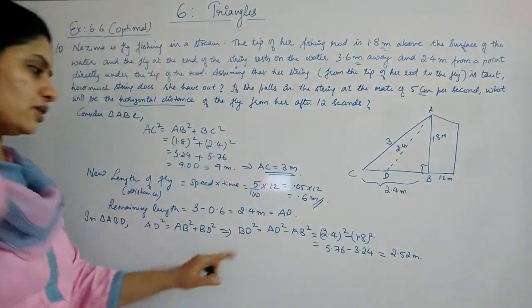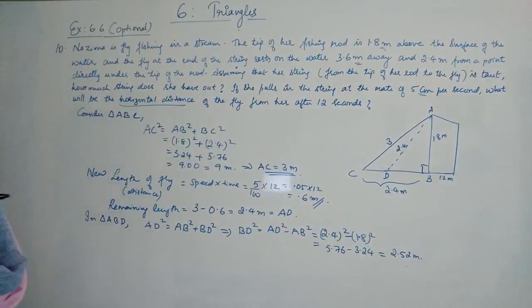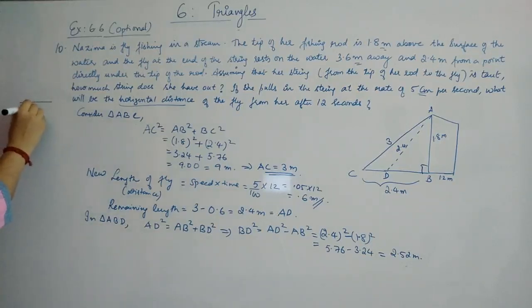And this is actually your BD square, and you need to find BD. That means you have to find the square root of 2.52. I'll just show it here. The square root of 2.52, like this you are taking, or you can just make a bar like so.